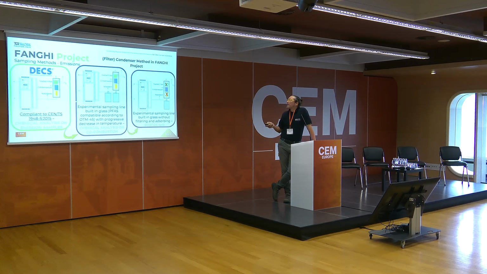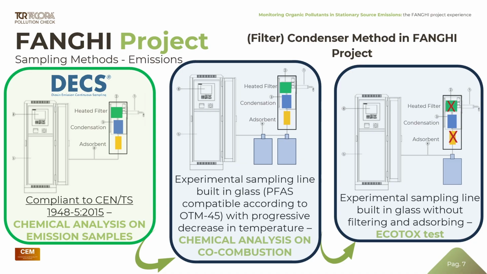And it's really similar to the standard one, but we added two steps where the condensate is collected at different temperatures. And then another line to perform ecotoxicological tests, where we eliminated the filtration and the adsorbent step, and we collected the overall emission as condensate.